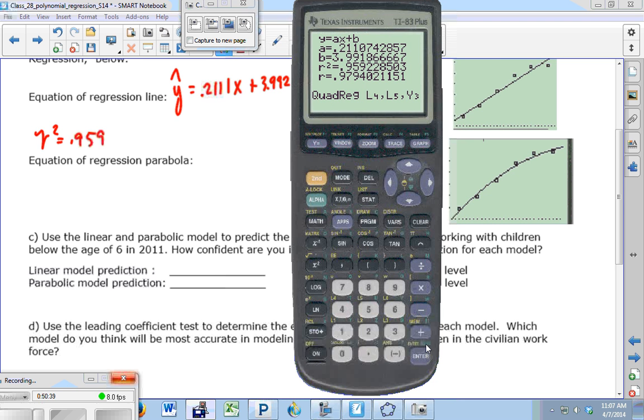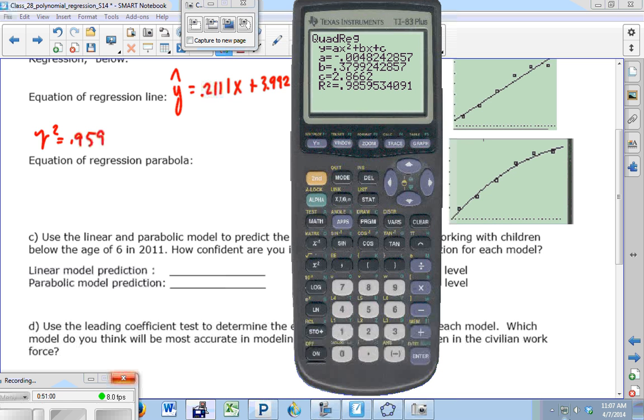Now to get the picture, well, if you want your equation, there it is. What's my leading coefficient here? The first letter of the alphabet, A. It's negative, which tells me my right arm's going to be down and my left arm's going to be down, because this is an even function.